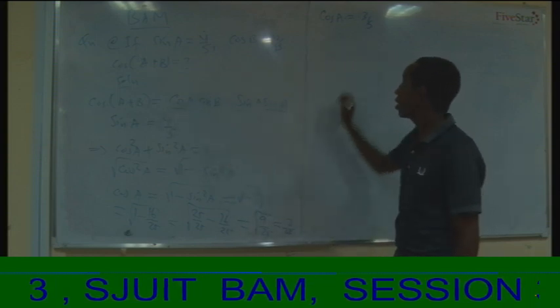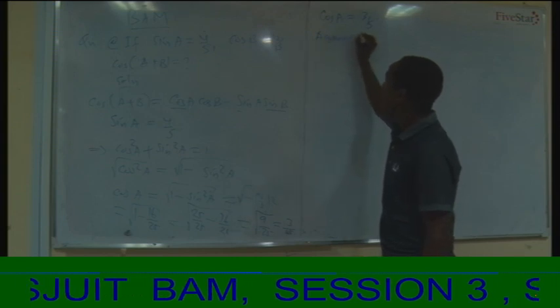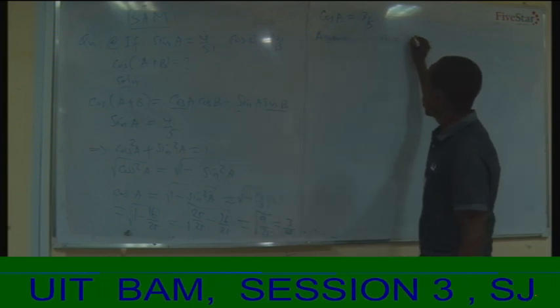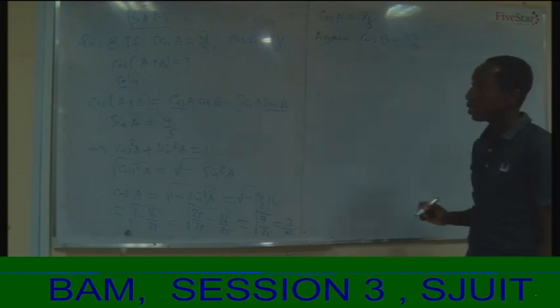So for the substitution, we now have its value. We need sine B. Again, we are given cos B equals 12/13.